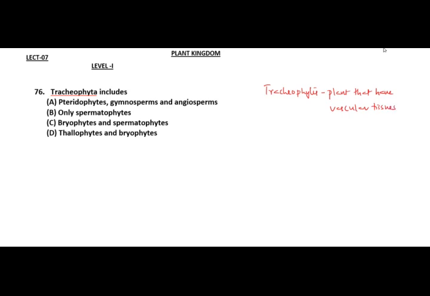Out of the five groups of plants, the algae, bryophytes, pteridophytes, then gymnosperms and angiosperms, the last three are tracheophytes, because these three groups of plants have vascular tissues, whereas algae and bryophytes are not tracheophytes.